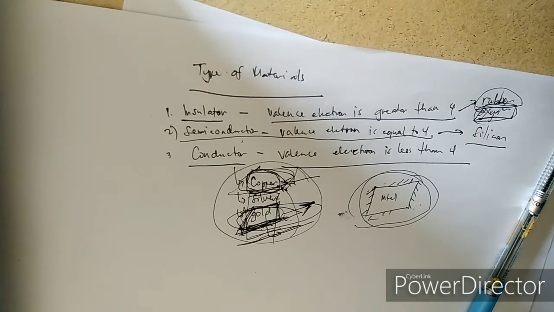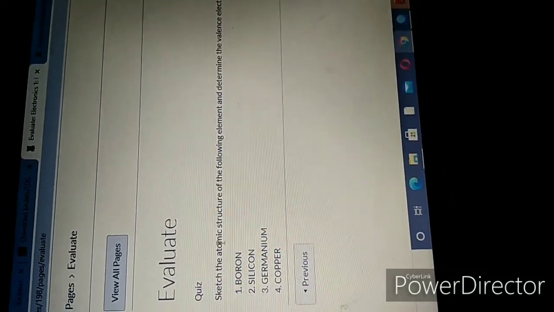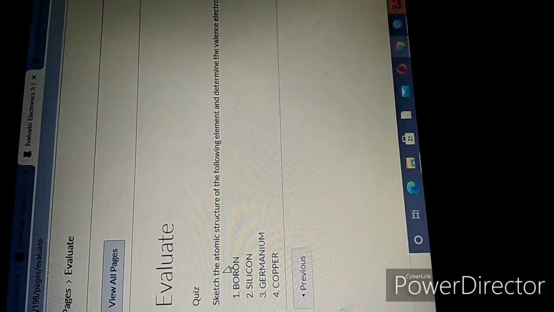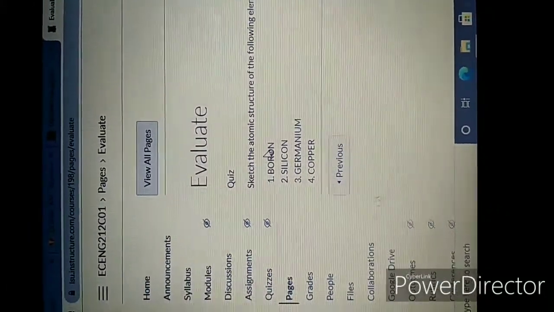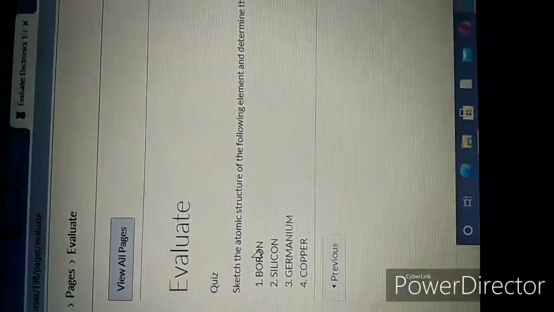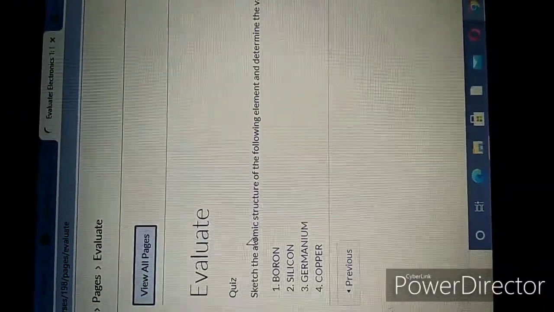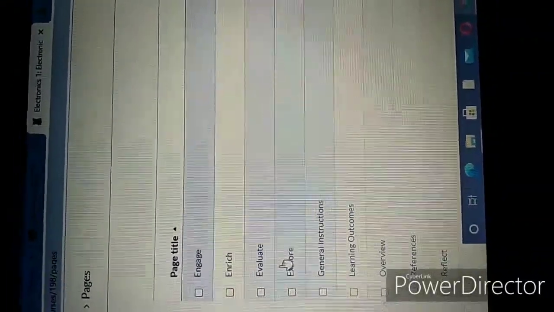Evaluate. You're going to answer this. This is not the quiz, it is the sheet work. You go to the canvas, then swipe to evaluate.